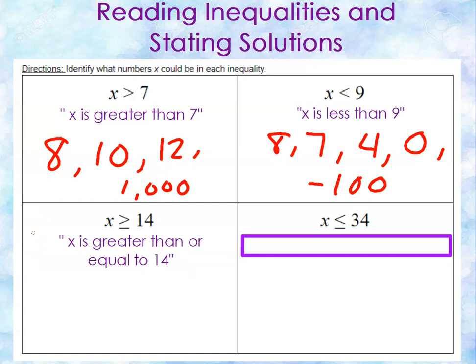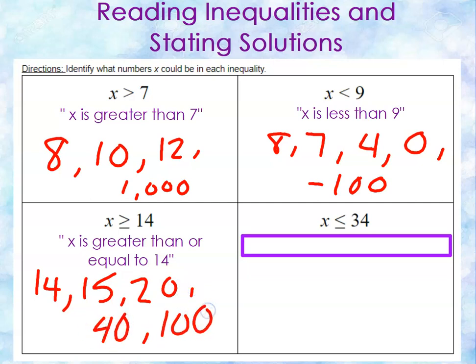The first number x can be is 14, because it can be greater than 14 or equal to 14. So it can be 14 and anything greater than that. It can be 15, 20, 40, 100. Any number greater than or equal to 14.